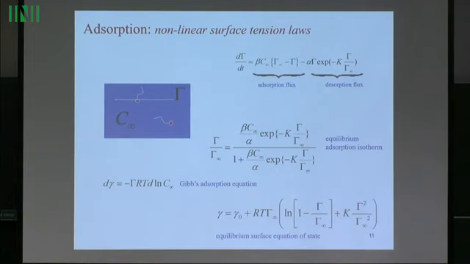So in Gibbs' treatment of an interface, there's a relationship which is basically a two-dimensional Gibbs-Duhem equation for the interfacial layer. And it constrains relationships between changes in surface tension, surface excess moles of surfactants, and the chemical potential of the surfactant in solution.